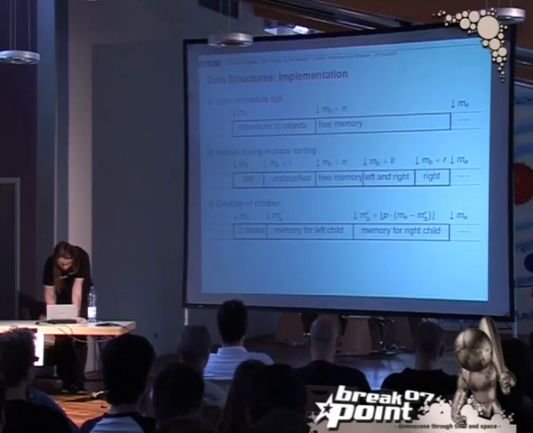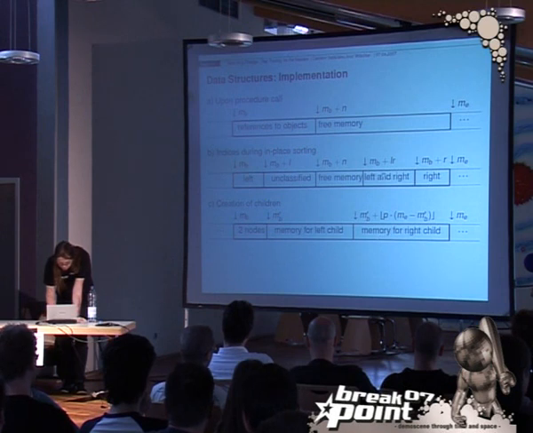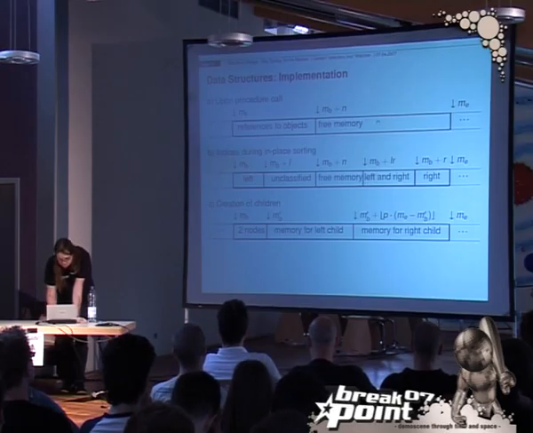So all the stuff that goes to the left will be, for example, up to here, and all the stuff going to the right will be up to here. Then the left and right are copied behind them, and then there is still some free memory left. And then it goes back to here, where you have the reference to the objects and some free memory, and this continues and continues until you have no more free memory left.